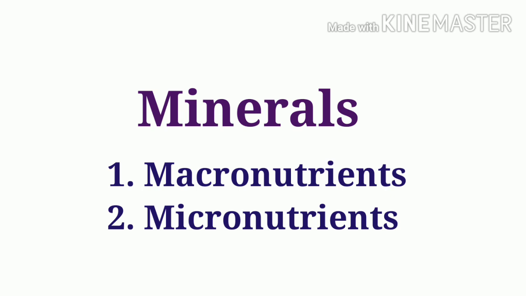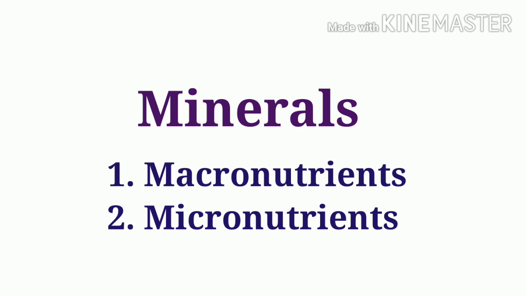You know that minerals are naturally occurring substances that are essential for vital metabolic processes and for the proper growth and development of plants. The minerals required by the plants can be categorized into two. They are the macronutrients and the micronutrients.